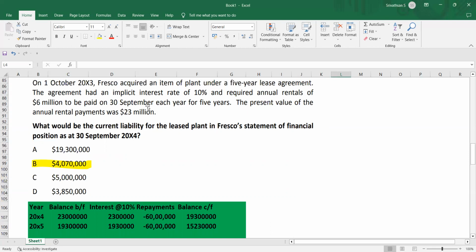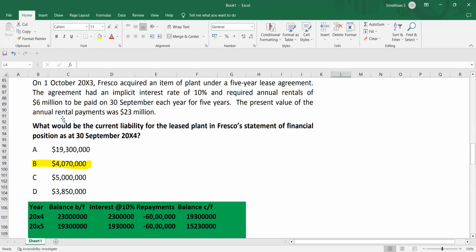So this is an example of payments in arrears. The format is different from the format that we used in the second question. The format is the same as the format that we used in the first question.